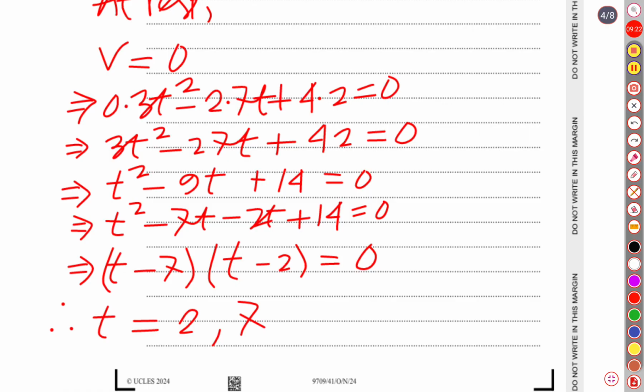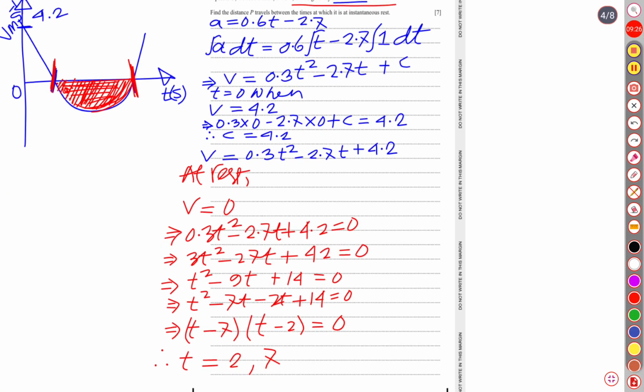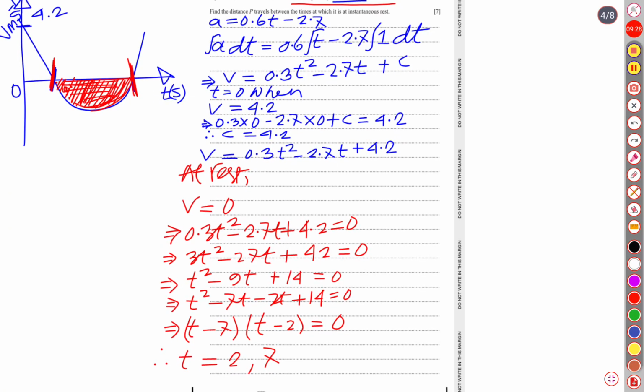From the graph we have already seen that the particle was at rest at this point. So the time instant is 2, and at the 7th second also the particle was at rest. So here it is 7.